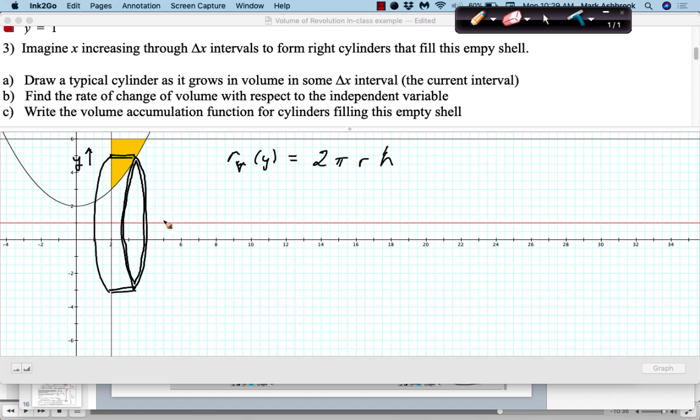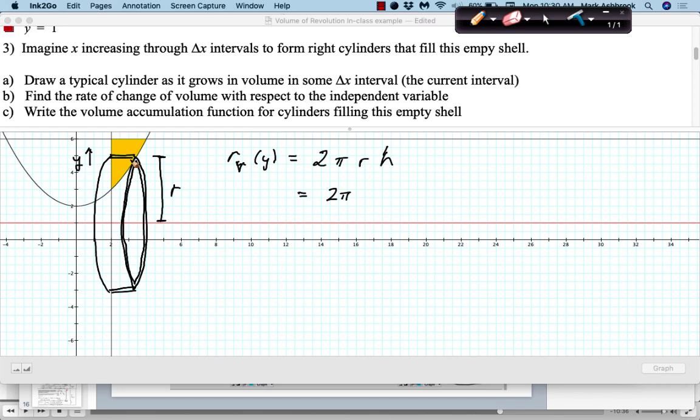What's the radius? Is it a y-coordinate? That's the radius of the cylinder. Y-coordinate, x-coordinate, big change in x or big change in y? Big change in y. Okay? And what is that big change in y? Y final minus y initial.